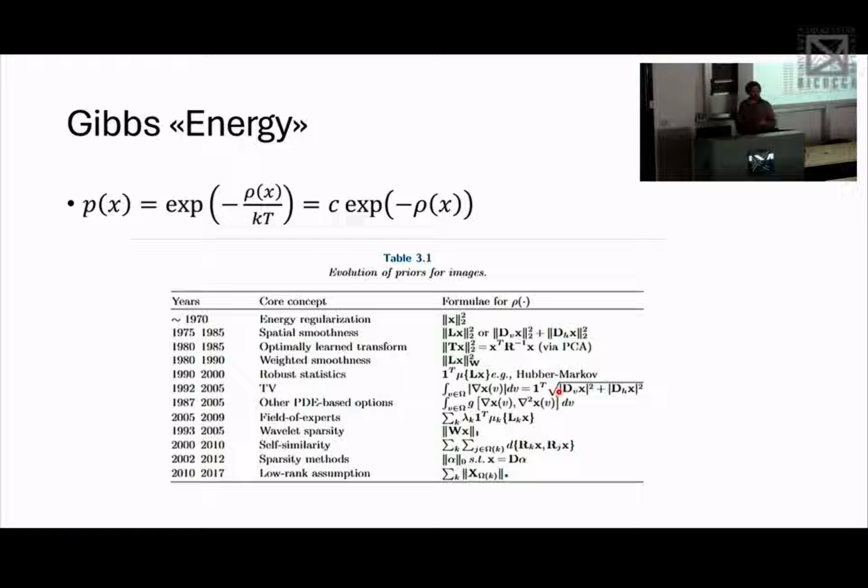This is a lasso regularization, and it promotes a sparse solution. And then they went on with other strategies that all focused on promoting sparsity of your solution in some appropriate space.